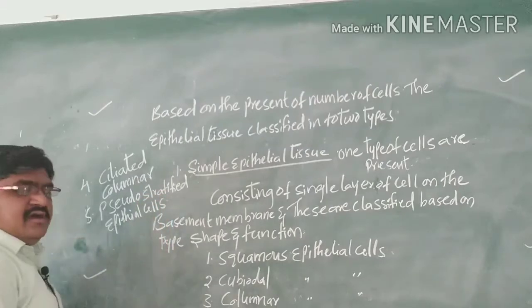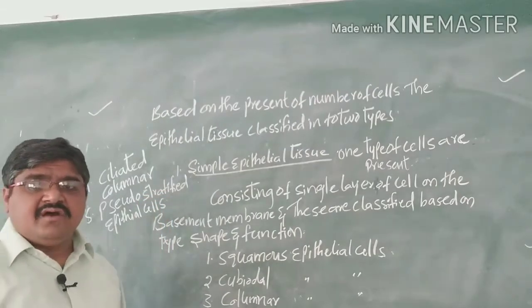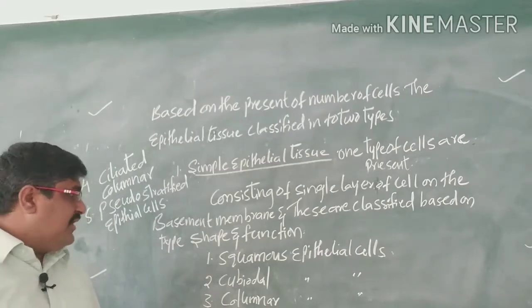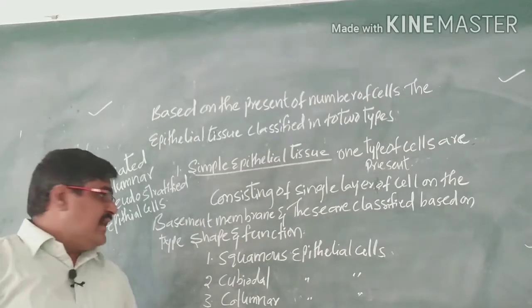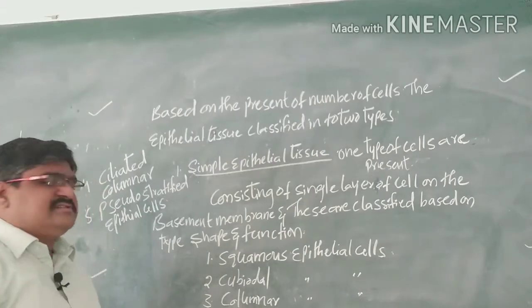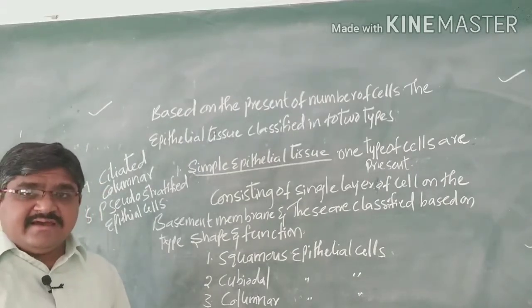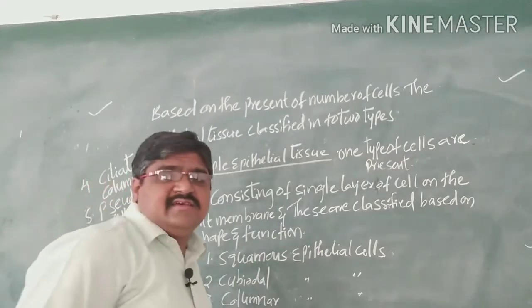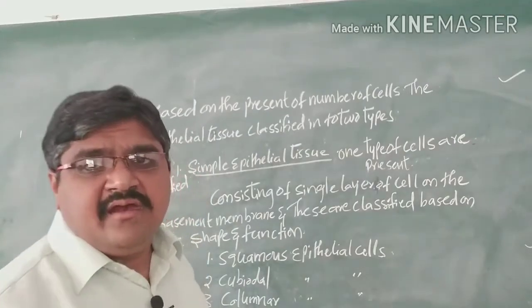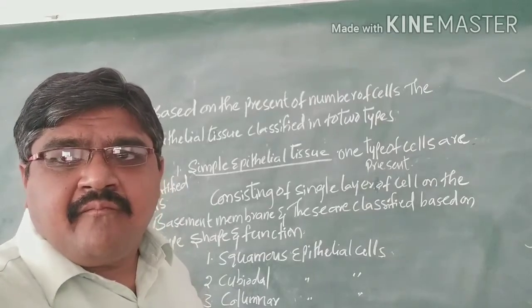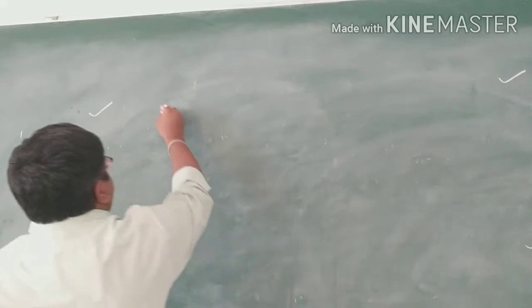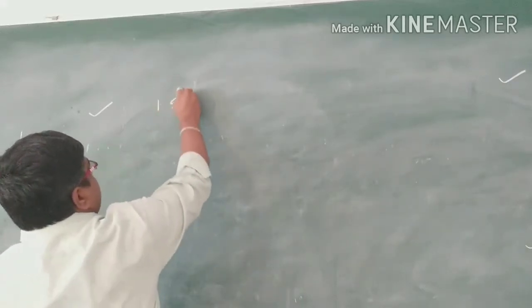So there are majorly five types of simple epithelium: squamous, cuboidal, columnar, ciliated columnar, and pseudo-stratified epithelial cells. One by one we will now discuss these.